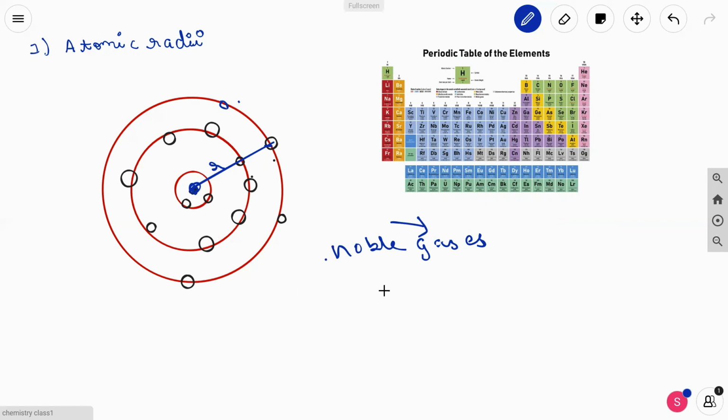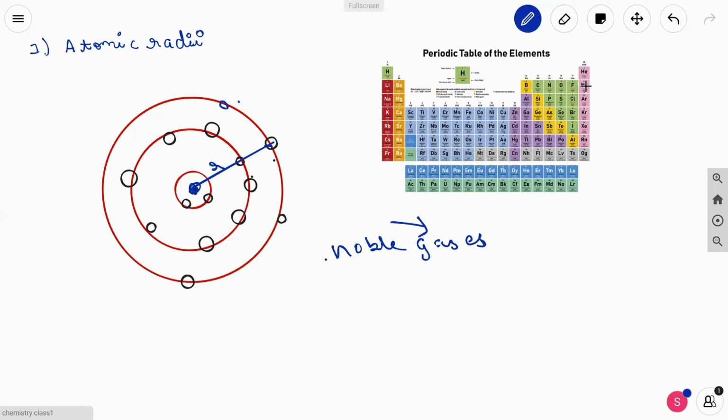Why is it not the noble gases? That could be a very good question. That's because, as we discussed before, it's easier to calculate ionic and covalent radii. All of these elements form molecular bonds, and you can easily determine the covalent or ionic radii.